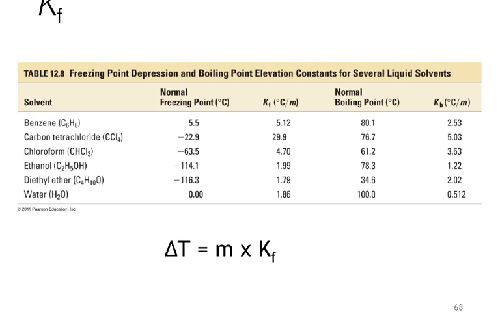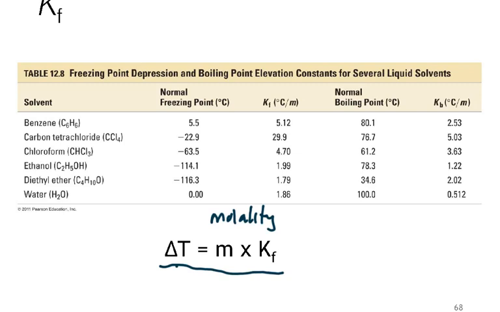The equation for figuring out the change in freezing point is: the change in your freezing point is the molality of your solution times this Kf value, the freezing point depression constant.